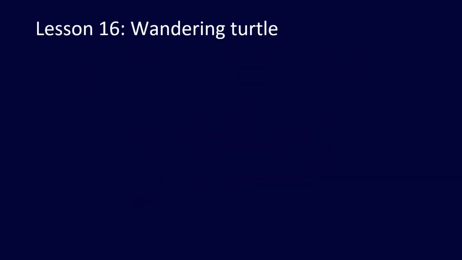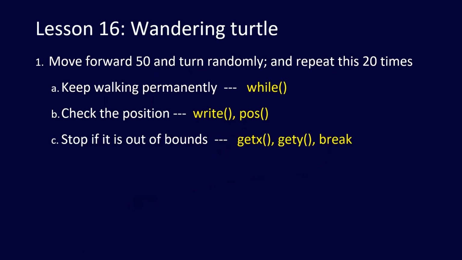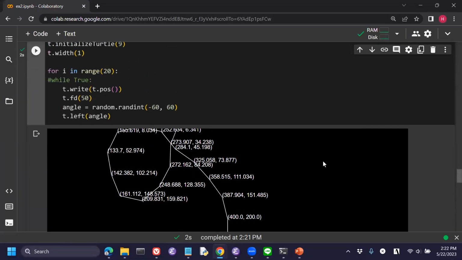So stop if it is out of bounds. To do that, we can use pos, but also we can use getx, gety, and we can use break to stop it. So let's try that.